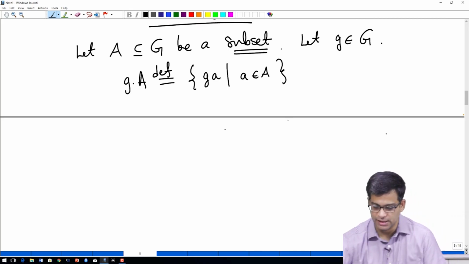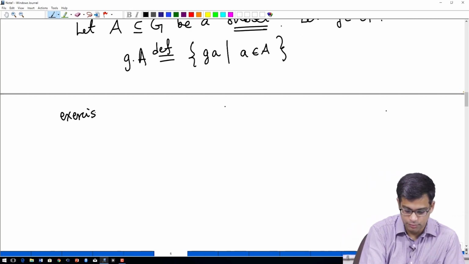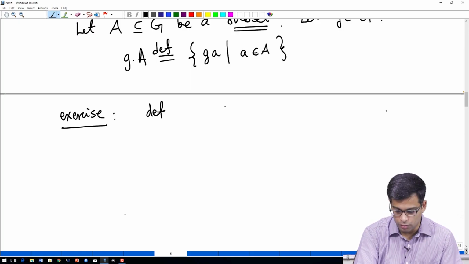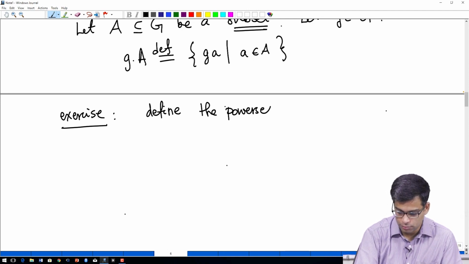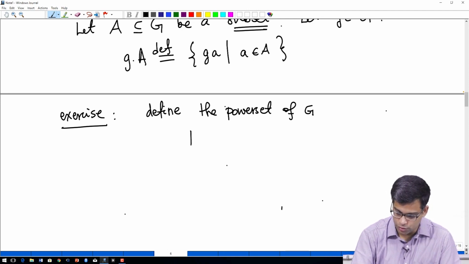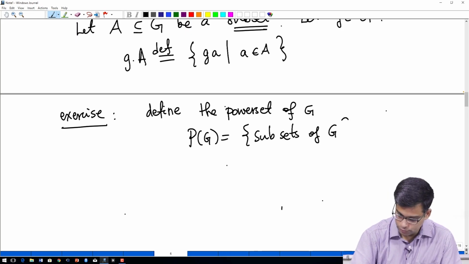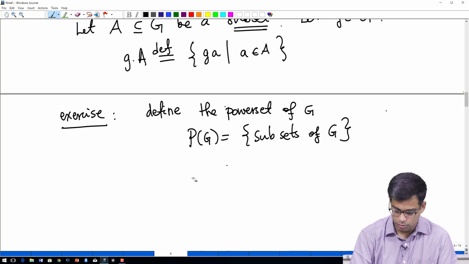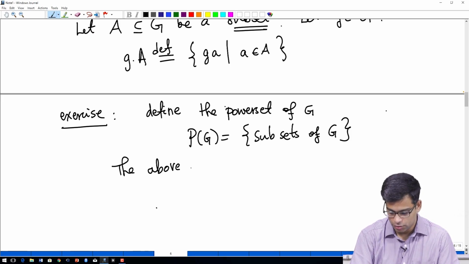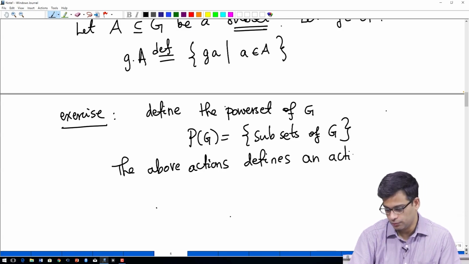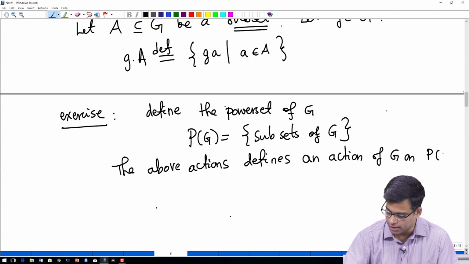I will leave it as an exercise for you, and this is a very easy exercise. If you recall, define the power set of G. So, P(G) is the set of all subsets of G. The above action, what I defined earlier, defines an action of G on the power set.